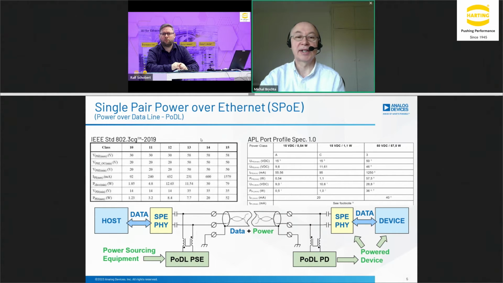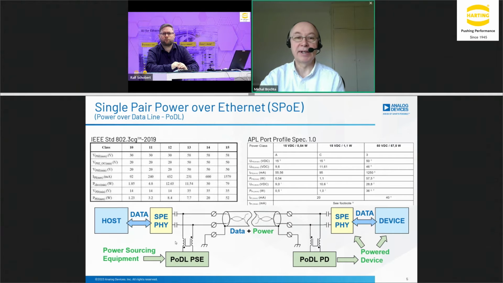And there is a standardization about what power at what voltage should be delivered from the power source to the power device. So some terminology: power sourcing equipment is the device that is giving the power over the cable. The power device is the device that is taking the power and using the power for its own operation. And as you can see, it's sharing the same cable.